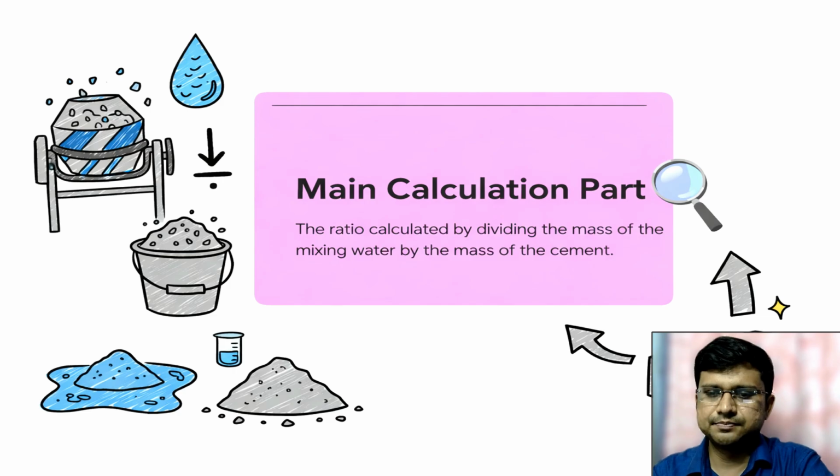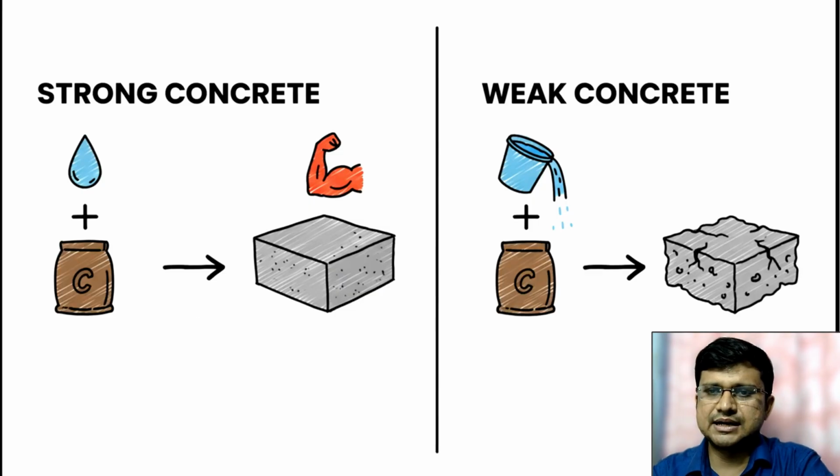Main calculation part. Now let's understand the logic of water cement ratio versus strength. Cement needs a limited amount of water for hydration. But in practice, we usually add extra water to improve workability. Now, what happens to this extra water? After the concrete hardens, this excess water evaporates and leaves behind voids.